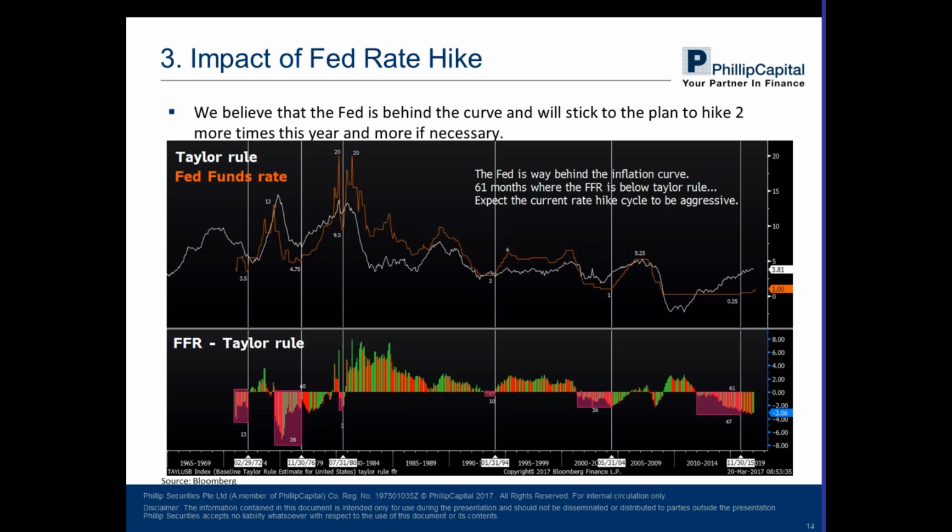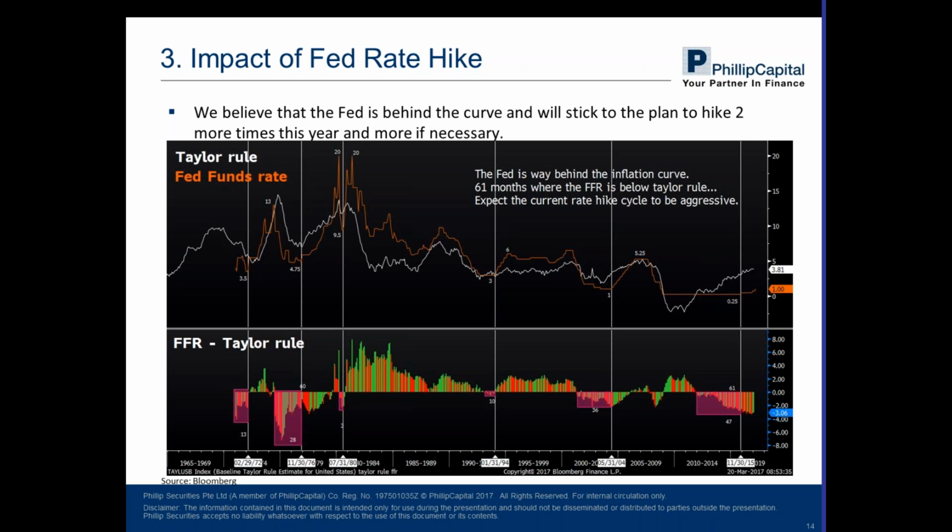So this is a chart courtesy of our technical analysis, which overlays the Taylor rule and the Fed fund rate, and therefore, like I mentioned earlier, we believe that the Fed will continue to raise their interest rate as promised, and they will even do more if necessary, just to curb any form of inflation.